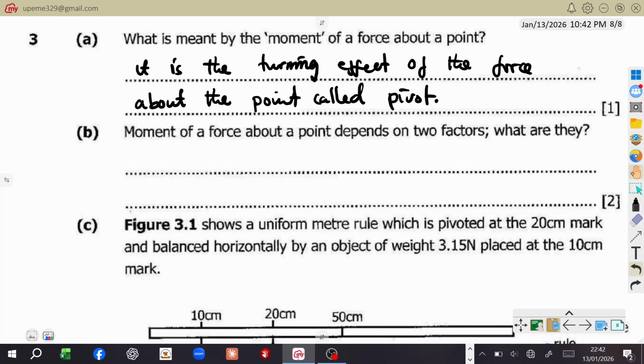Alright, then the same B, moment of a force about a point depends on two factors. What are they?